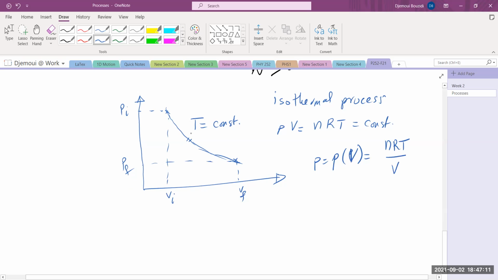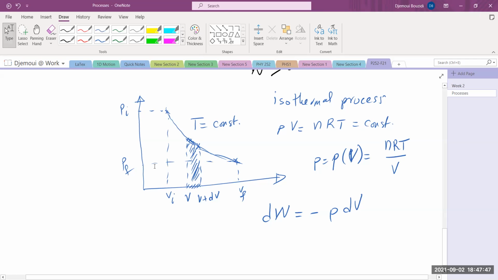And it can go at any given point in here, when the volume was some volume to the next volume where the volume has changed by an amount dV, and find the work associated with it. So according to this expression, dW is equal to minus PdV. And this is dV, and this is the average pressure. So it's actually this area. That's the work. If I make dV as small as possible, it's that area, that's all.